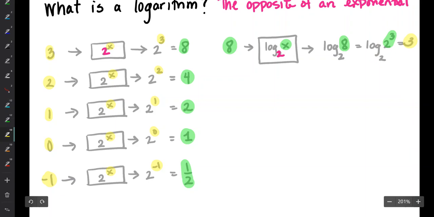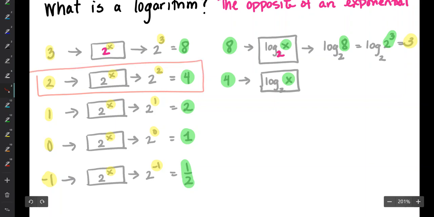3. Right? So if 4 goes into the log base 2 of x box, 2 is supposed to come out. We're undoing this work right here.